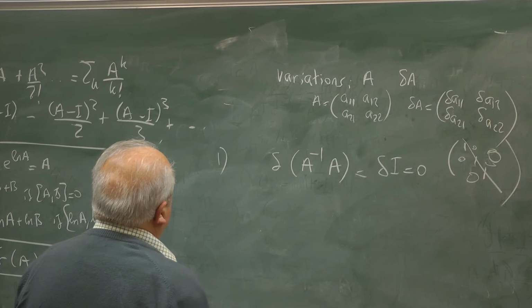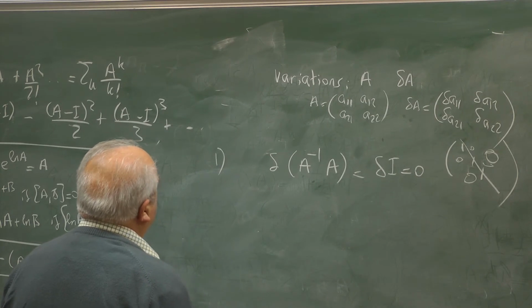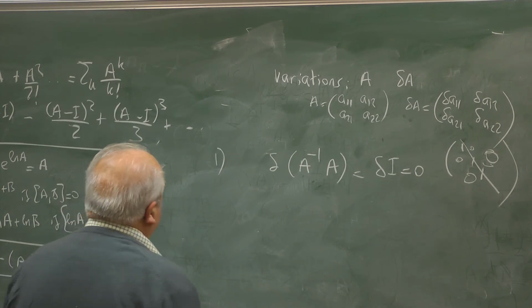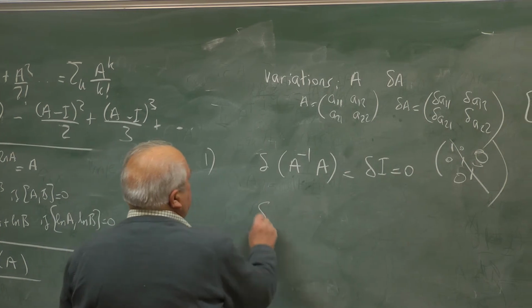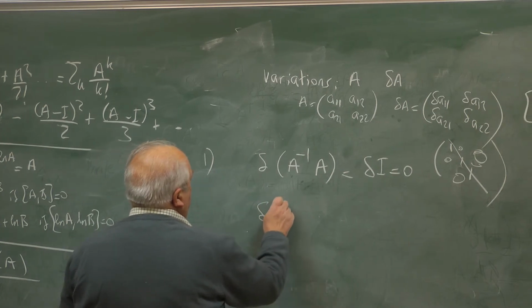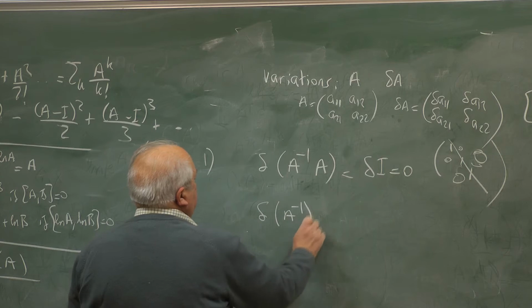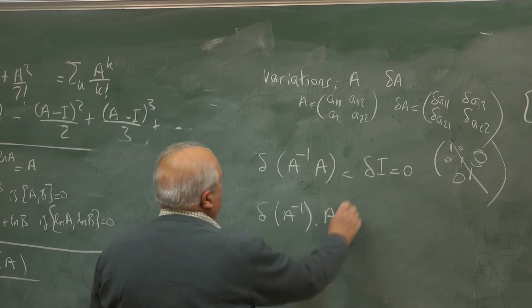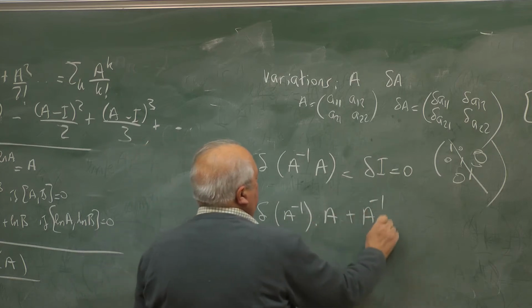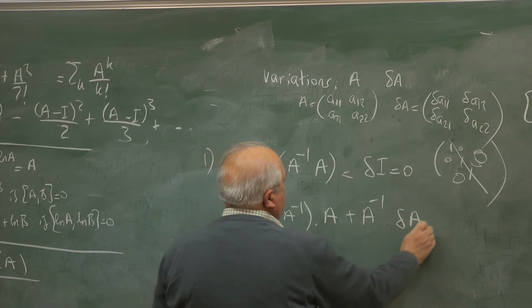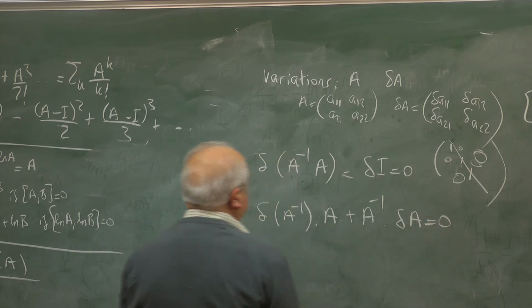Let us look at here. This is delta of A minus 1 times A plus A minus 1 times delta A. So this is equal to 0.